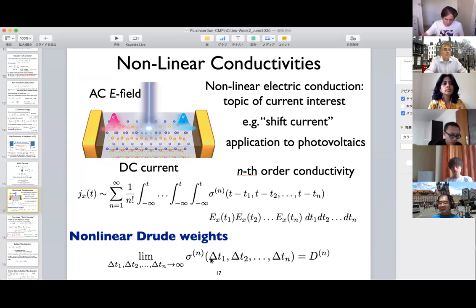But if you have a perfect conductor, then once you induce a current, some of the current survives for infinitely long time. This limit represents the portion of nonlinear current induced by the electric field which survives for infinitely long time. So this is a nonlinear generalization of the Drude weight.